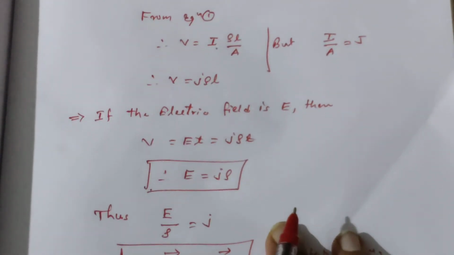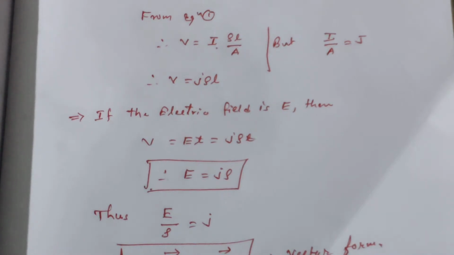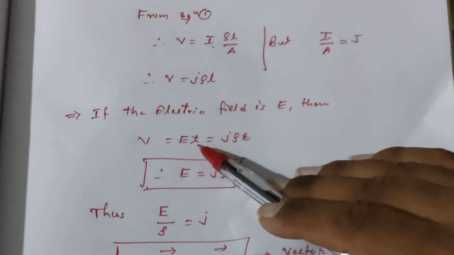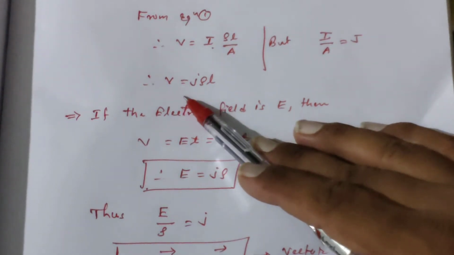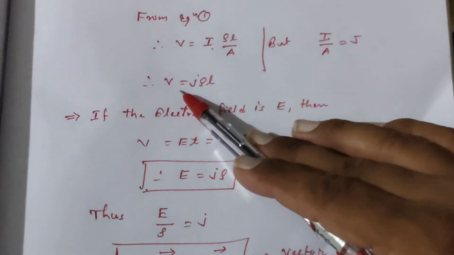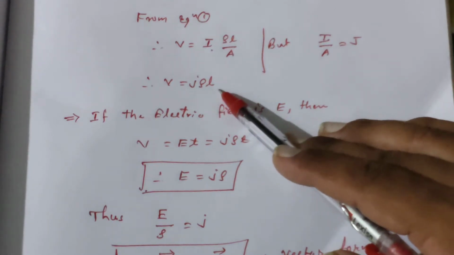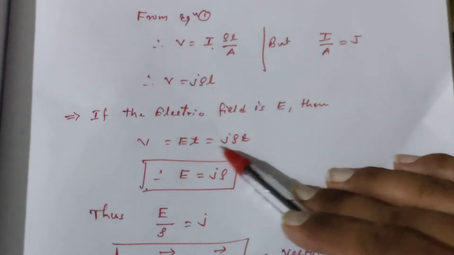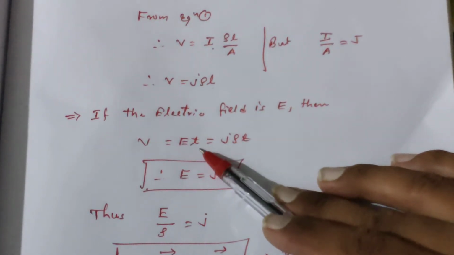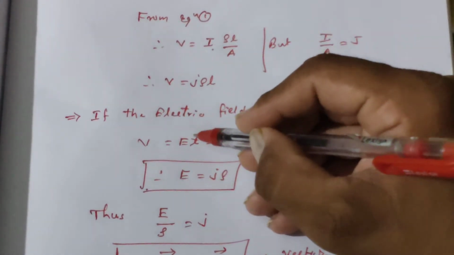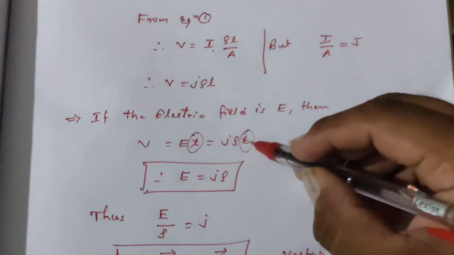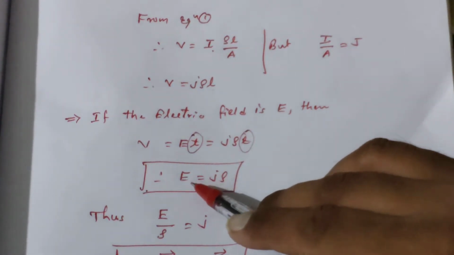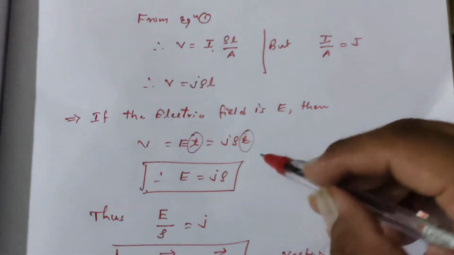Now we know the value of electric field, which is E equal to E dot L. But as we just solved, the value of V is J rho L, so we can easily compare. Here L means the length of the wire, and the length of the wire will be common and cancel. So the final answer over here is E equal to J into rho.